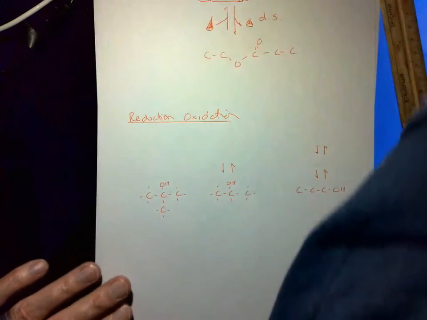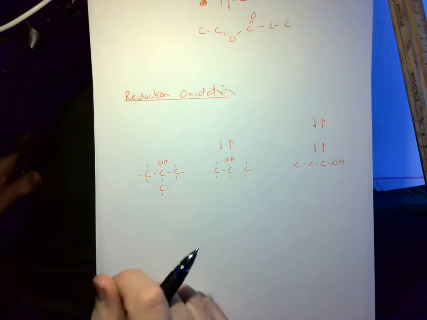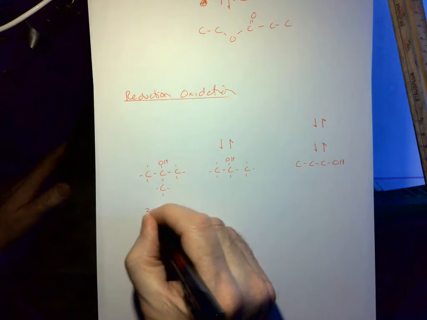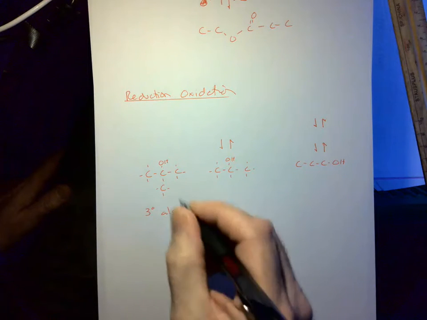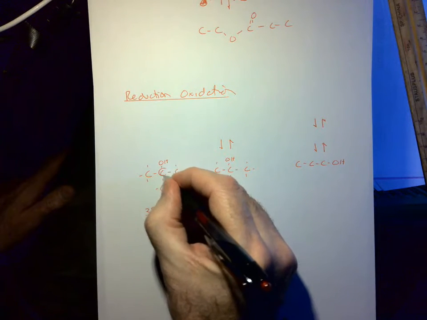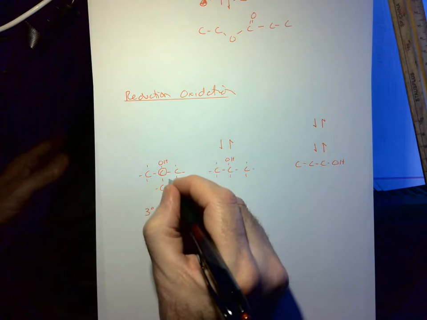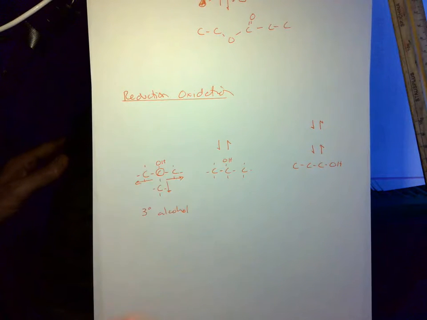Here is our last reaction, reduction oxidation. It might look like there's a lot going on here, but there's not. This is called a tertiary alcohol. What you do is you circle the carbon that's attached to the OH and you look at the number of carbon chains coming off. 1, 2, 3.